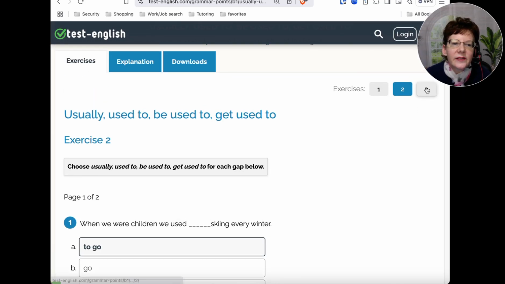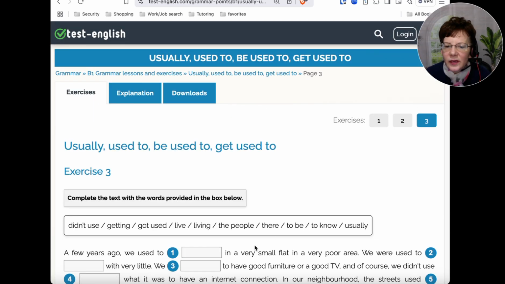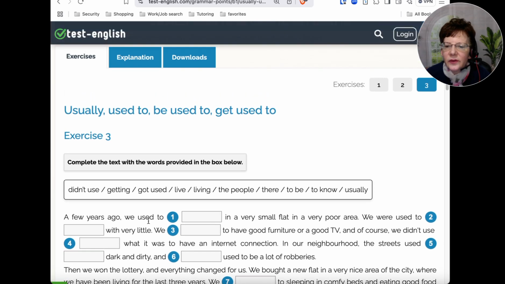Okay, the third exercise. Here we'll just do a few and choose from this box here, the phrases. A few years ago, we used to what in a very small flat in a very poor area.